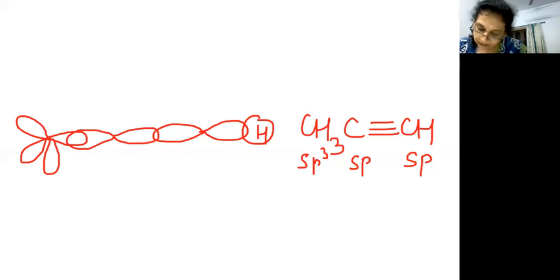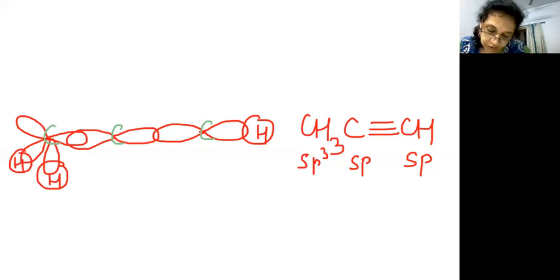I've made that. Now I need to put my p orbitals. First I need to put the names of my atoms. So I've put that. Here is a carbon. This has 4 hydrogens attached. Let me make the hydrogens.